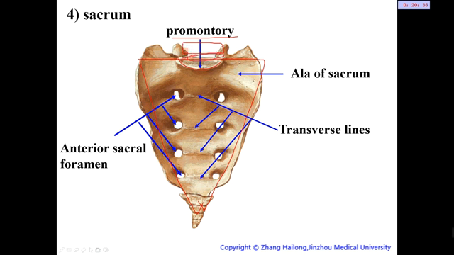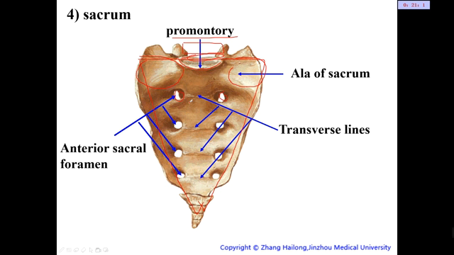Okay. On 2 sides are 2 alae. Ala means wing, 2 wings on 2 sides. And on the anterior surface, there are 4 pairs of foramina. These are the anterior sacral foramina. And these foramina go backwards and communicate with the posterior sacral foramina. 4 pairs.